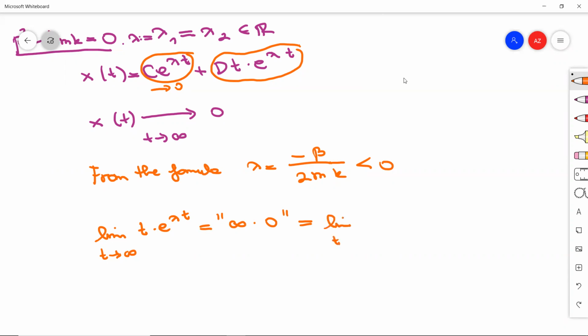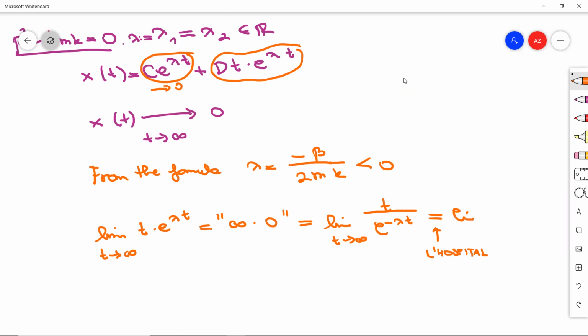It's easier to let t be in the numerator and put e to lambda t in the denominator. Of course, we have to multiply by minus. And now we use L'Hopital's rule.